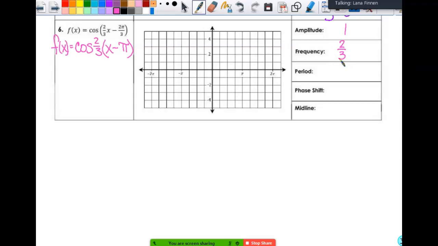So what is the period? 3 pi. Remember, you take 2 pi either divided by the frequency or multiplied by the reciprocal, which would be 3/2, so you get 3 pi for your period. Phase shift, we're going to go to the right pi, and our midline is still at 0.